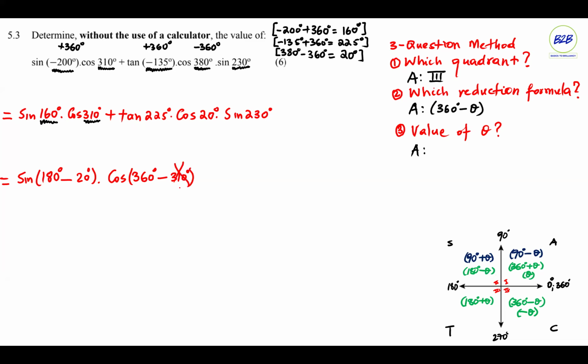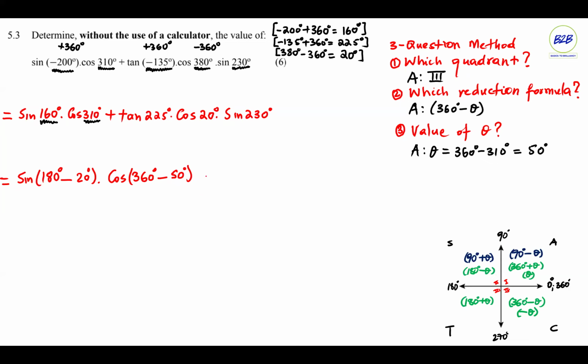Theta cannot be 310 degrees. It can't be greater than 90 degrees. So to calculate the value of theta, we say theta is equal to 360 degrees minus 310 degrees, which is equal to 50 degrees. Therefore, we will substitute here. 50 degrees is an angle that we can subtract from 360 to get 310. That's how we get it.